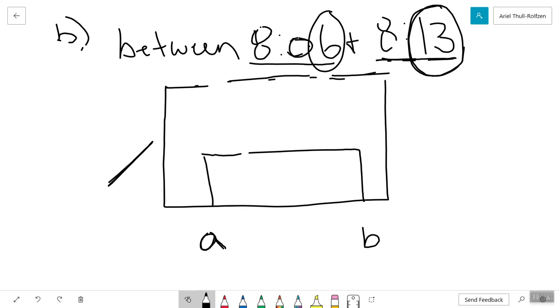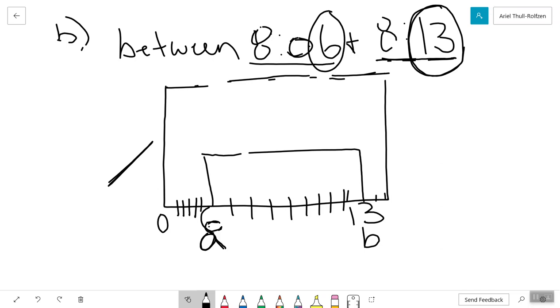Our 13, because it's larger, is going to go here, and our 6 is going to go here. Because this is numerical: 0, 1, 2, 3, 4, 5, 6, and it keeps going up to 13.